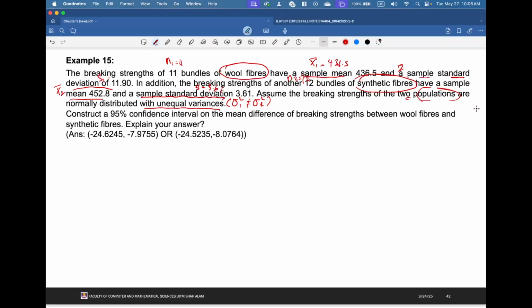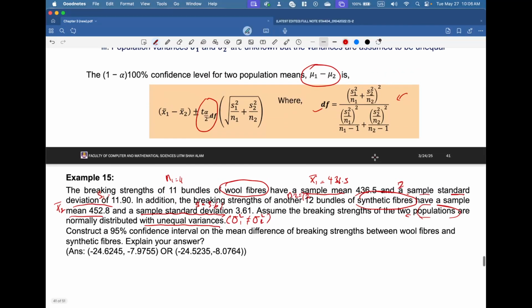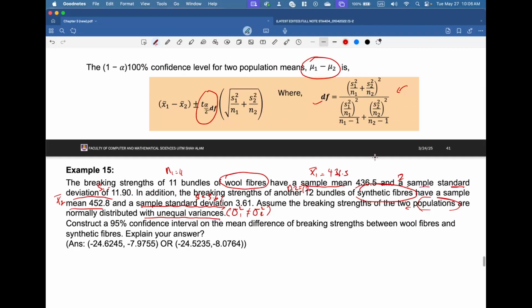The formula here is this one, because it is already mentioned that the variances of the populations for both the first group and the second group are unequal. So let's take a look at the formulation: x bar 1 minus x bar 2 plus or minus t alpha over 2, df.